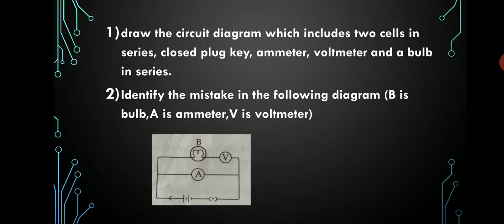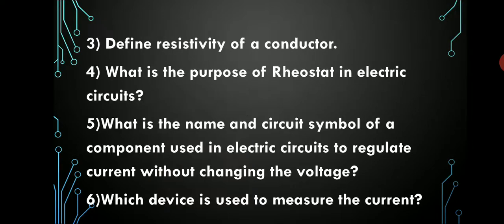The next one is also related to a diagram. The diagram is given and there are some mistakes, so you have to identify the mistakes and redraw the diagram, and also mention the symbols, the positive and negative terminals of the voltmeter, ammeter and battery, and also the direction of the current.